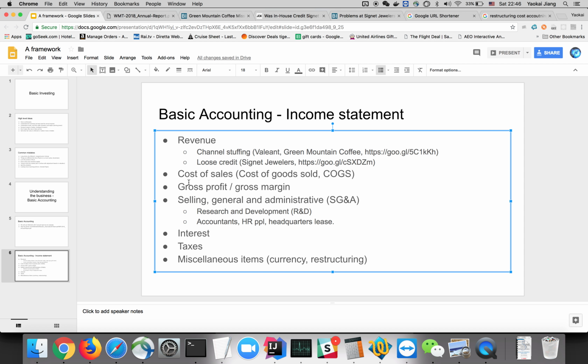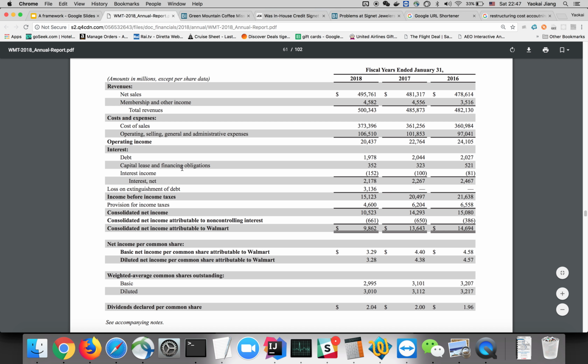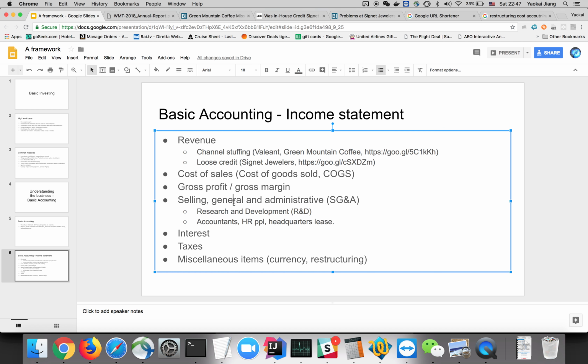SG&A is anything that's not directly included in cost of sales, at least in Walmart's case. In Walmart's case, it includes research and development, which they don't actually break out. Here, you don't see R&D, but they just include it in SG&A.